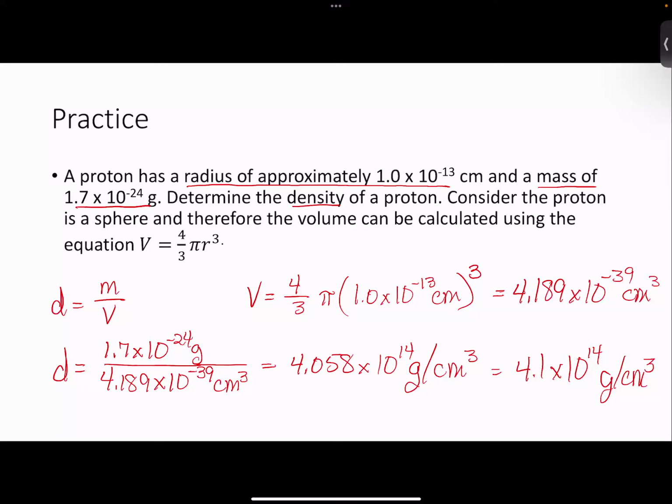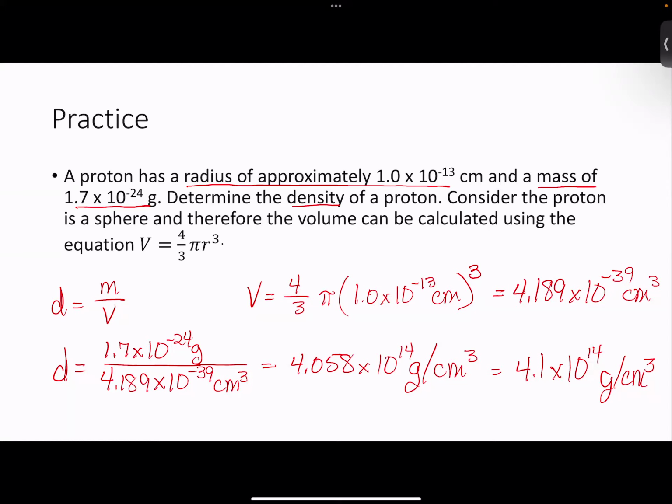We're talking something on that size, yes, it would have this density, but we're talking something super small. And so it's an extremely dense object.